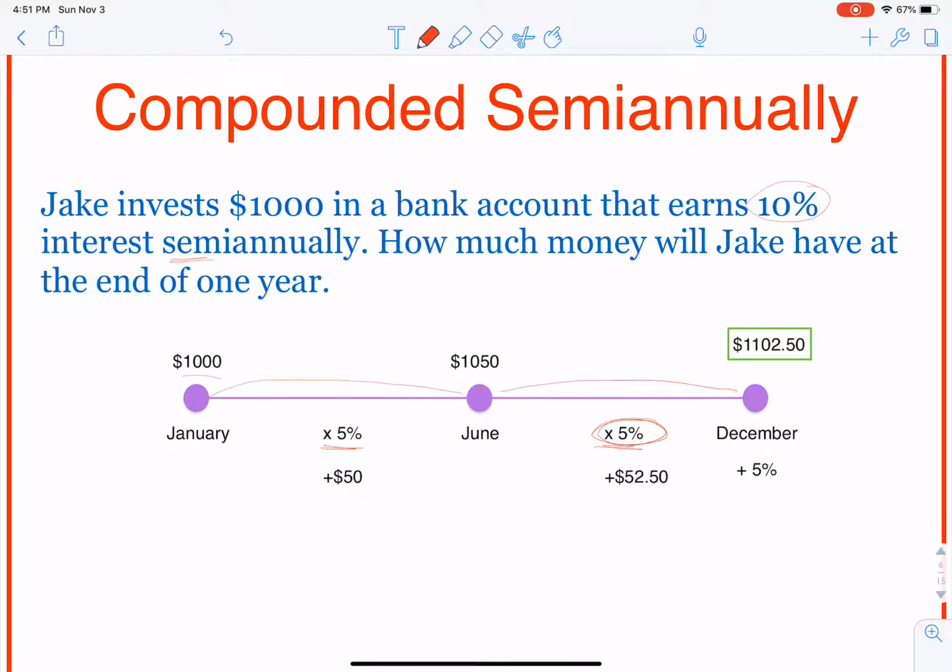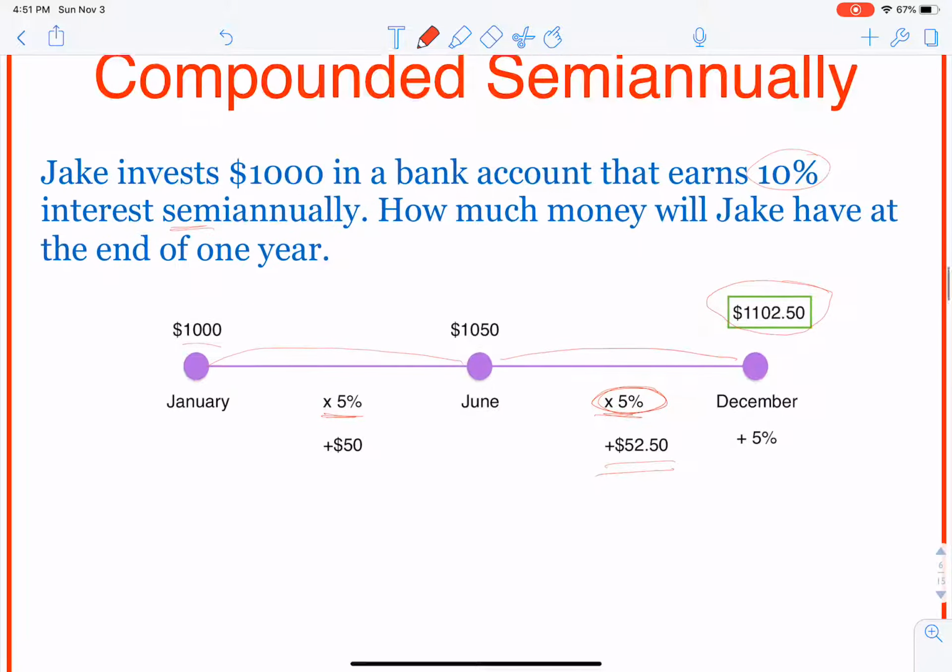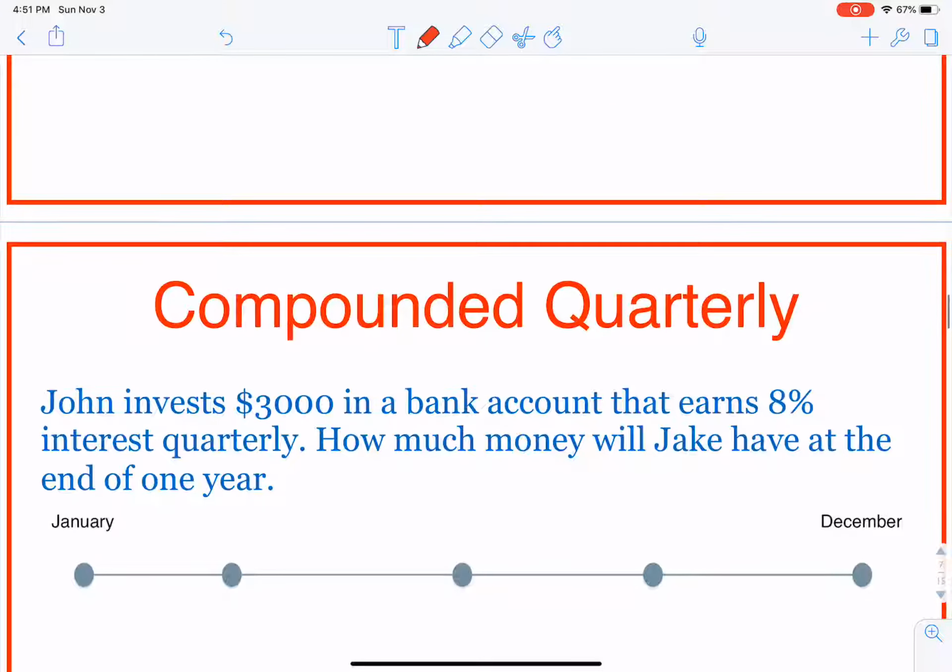And if we look, 5% of 1,050 is $52.50. So at the end of the year, I don't have $1,100 as I would if I were to just compound once at the end of the year. I have a little bit more money in December. So I'm adding on that 5% twice. So that's compounded semi-annually.